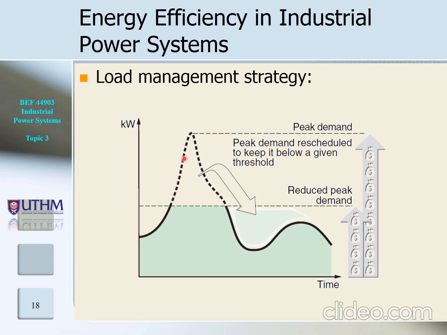We can see it increase and reach the peak demand. When the peak demand is reached, the peak demand is scheduled to keep it below a given threshold here. This is to make sure that the peak demand is reduced and the bill is low.